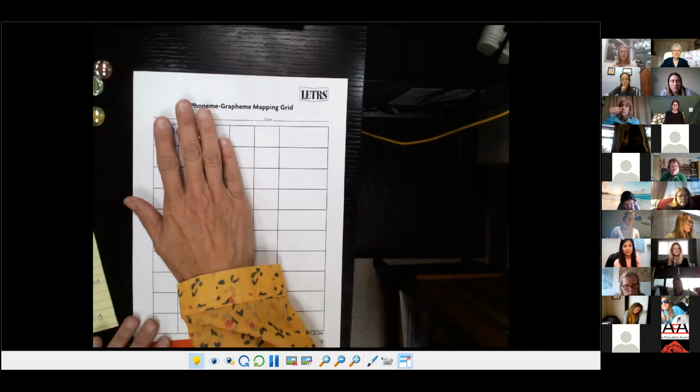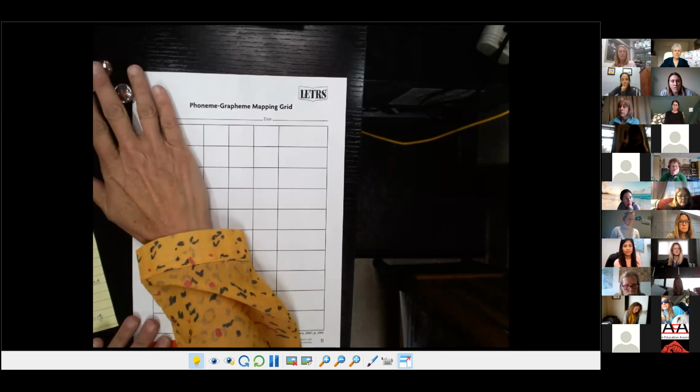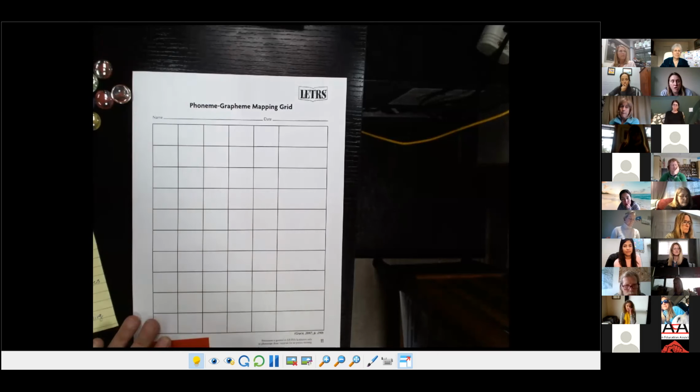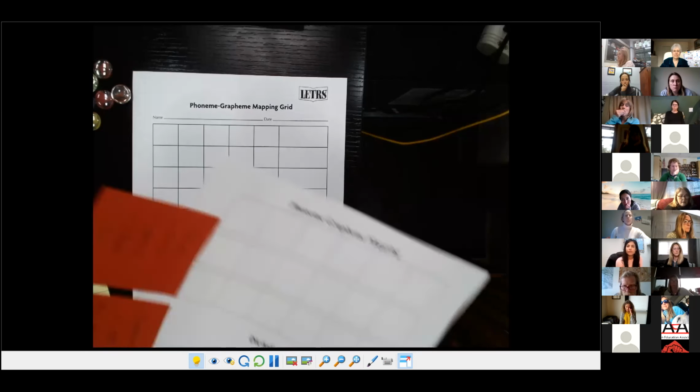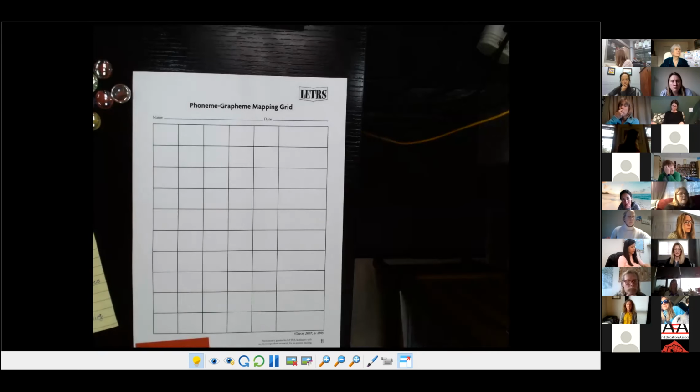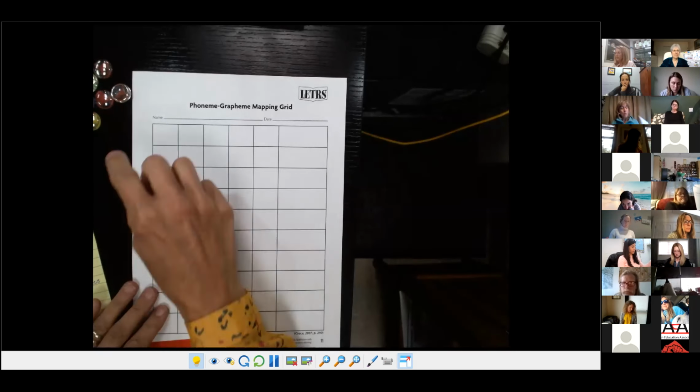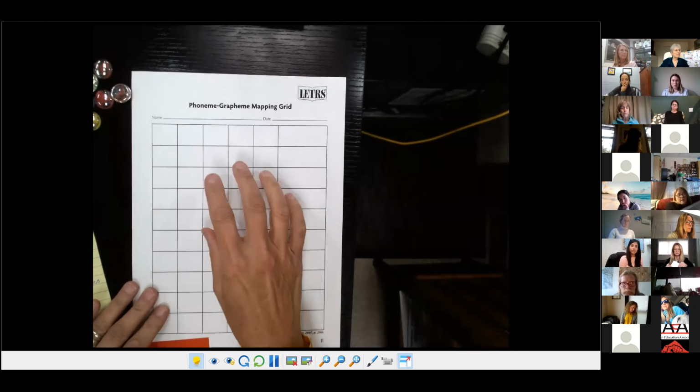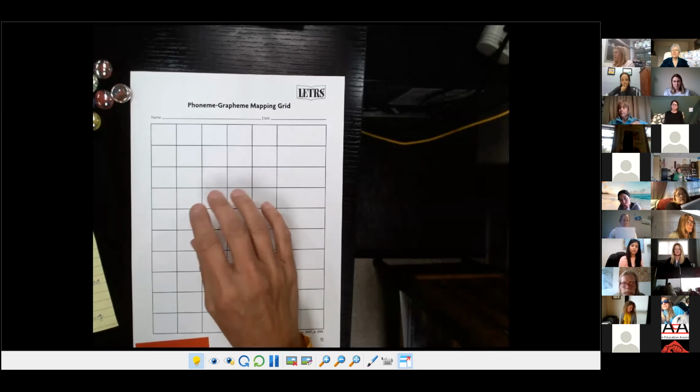Okay, let's do one together. It looks like this. So you have a shorter version of it if you want to grab that. And whatever you chose to use for markers or chips, you can even do a little pencil mark. You can get creative, whatever you want to do.